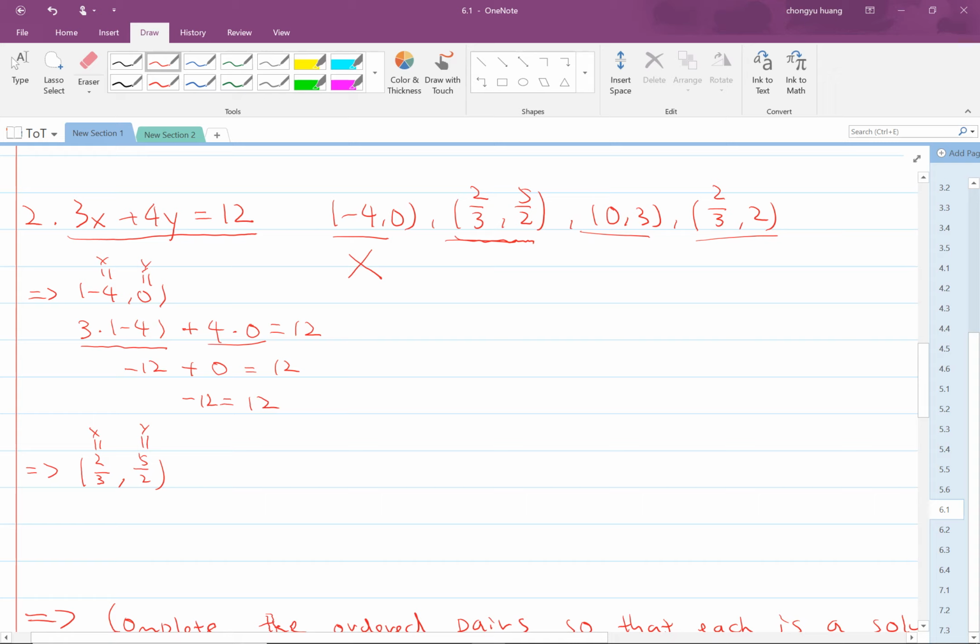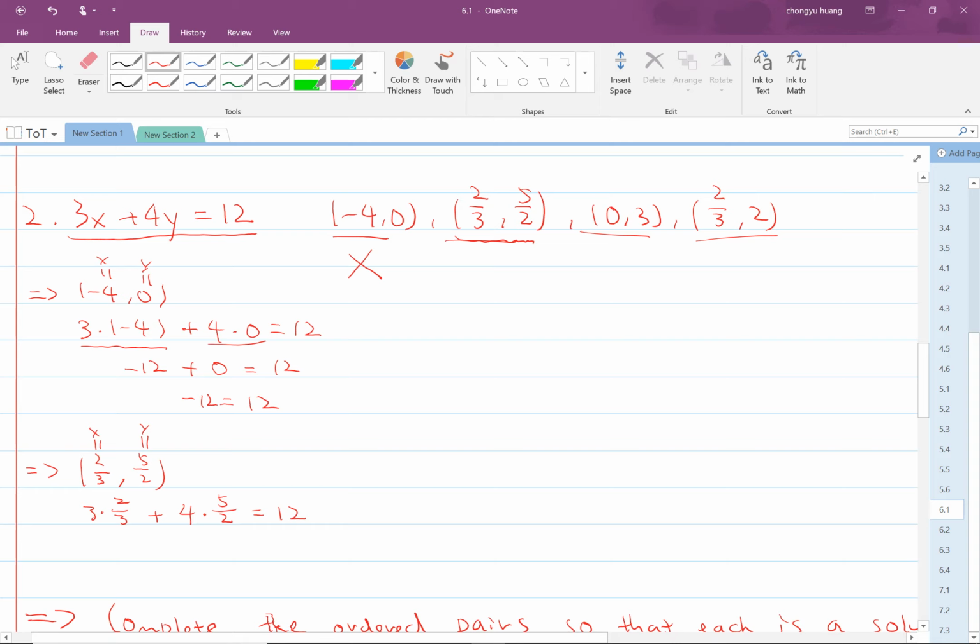So obviously you have to plug in to test it. So we plug in the x and the y. So we have 3 multiplied by 2 over 3, and then plus 4 multiplied by 5 over 2, equal to 12, right?